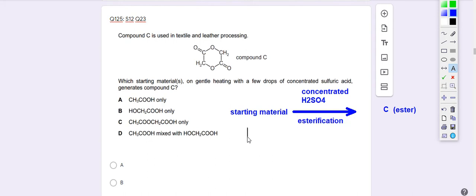So what type of starting material will form compound C? It should be a carboxylic acid with alcohol.